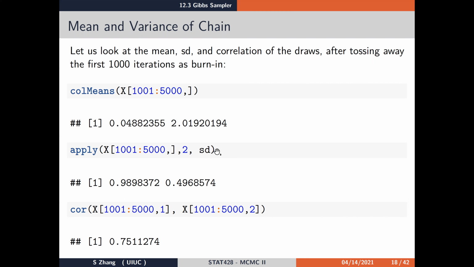As you can see, the standard deviation of the first column is around 1, and the standard deviation of the second dimension is around 0.5. So yes, they are quite close to our target. Lastly, we can look at the correlation among the two dimensions. And this is quite close to the value we want, which is 0.75.